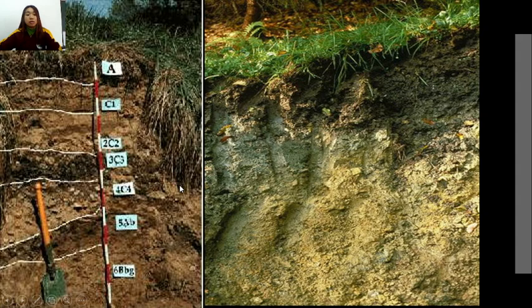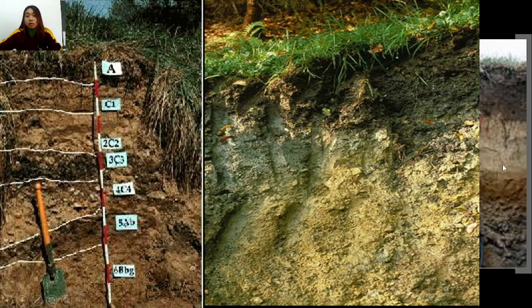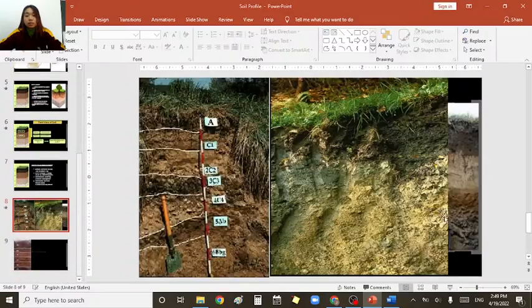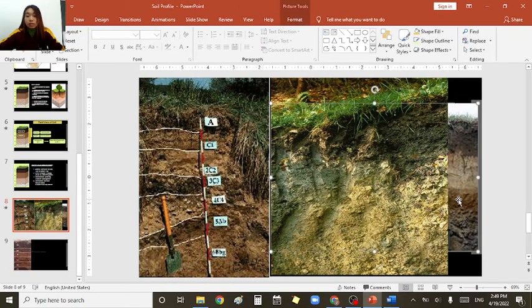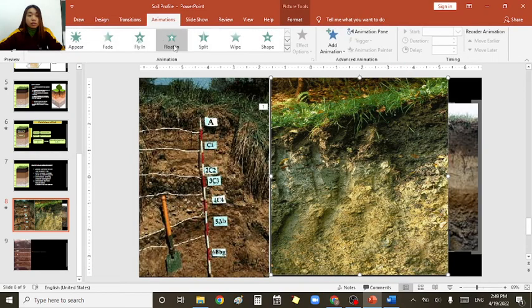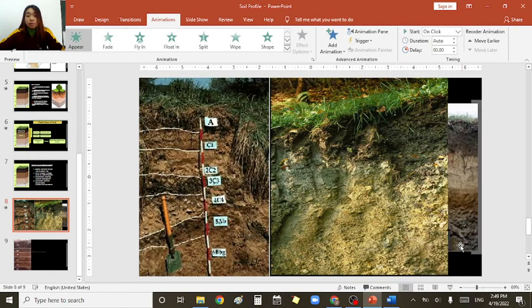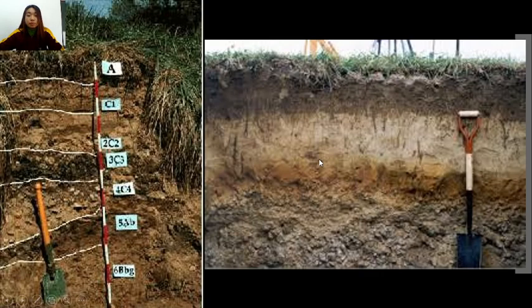Okay, so mga ganon. Okay. So, wait lang. Okay, another example pala. So, you could tell that this is horizon A, E, B, and then C. Diba? Unconsolidated. Okay, what else?